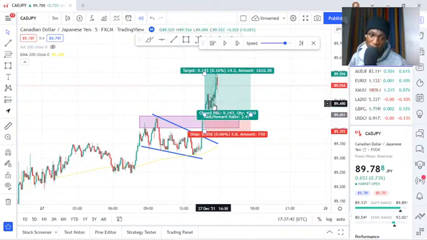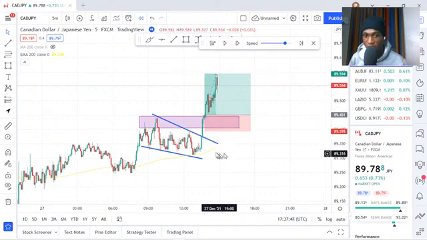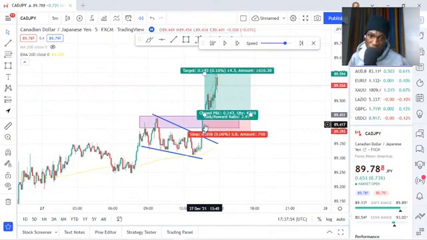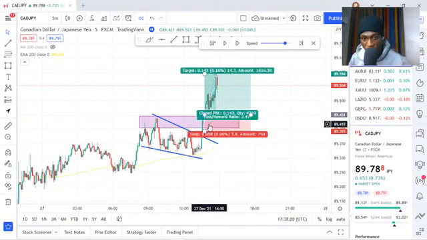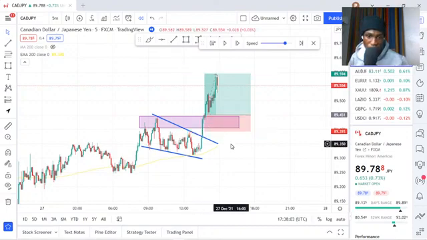Most times the market tends to retest back at the resistance line. Most times the market tends to just do a fake out and come back straight into the flag, which is why you should put your risk in check. Okay, you don't just place trades and tell yourself that you're 100% sure of this trade, that it's not going to go wrong.